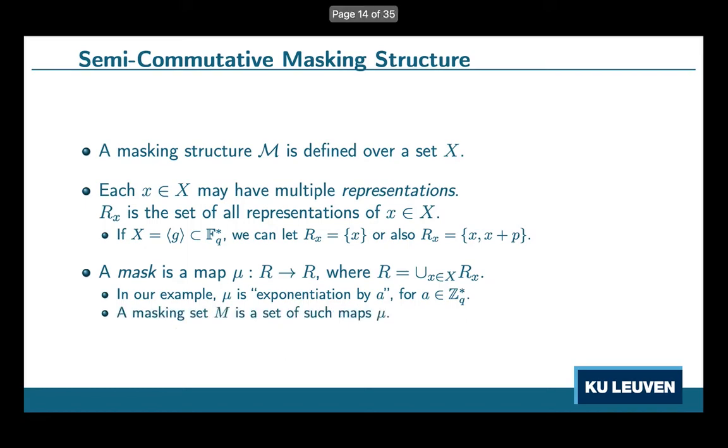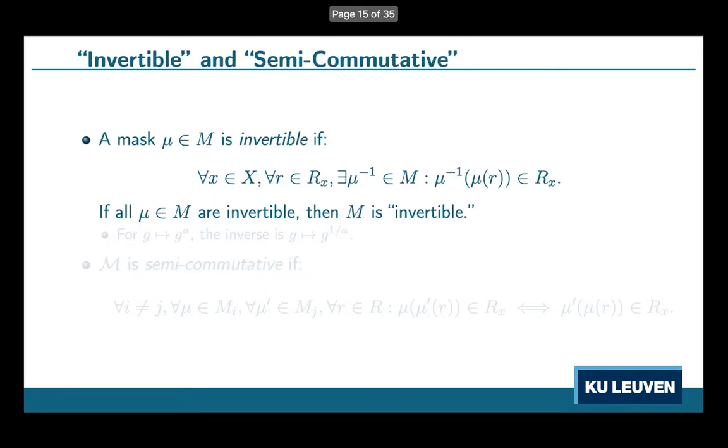Then we can have masking sets, which are just sets of such maps. And we then have to define what we mean by invertible and semi-commutative. So masks can be invertible if for any element and any representative, we can define an inverse mask such that applying first the mask and then its inverse gives a representative of the same element.